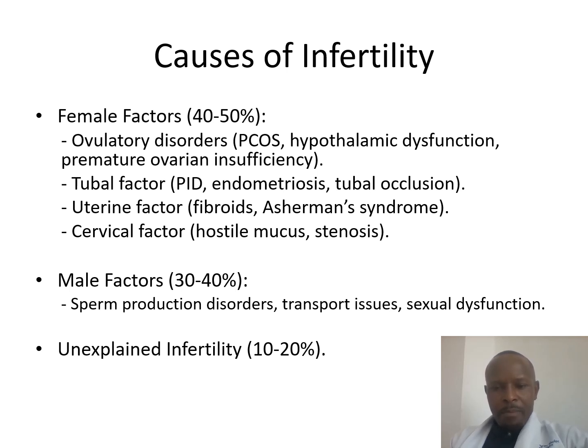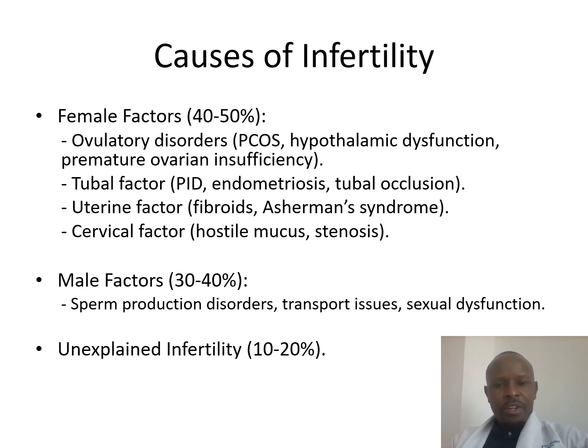But in an overview of what can cause infertility, the female factors account for up to half of the causes, and they can be ovulatory disorders like polycystic ovarian syndrome, hypothalamic dysfunction, or ovarian insufficiency.